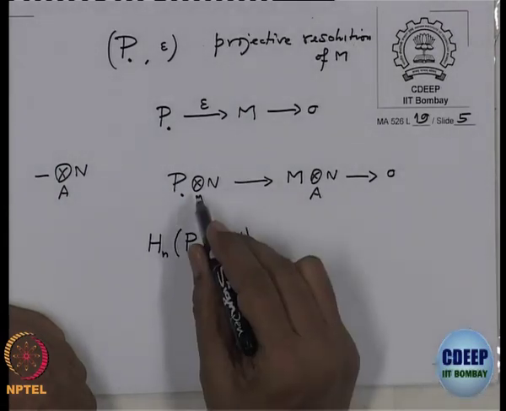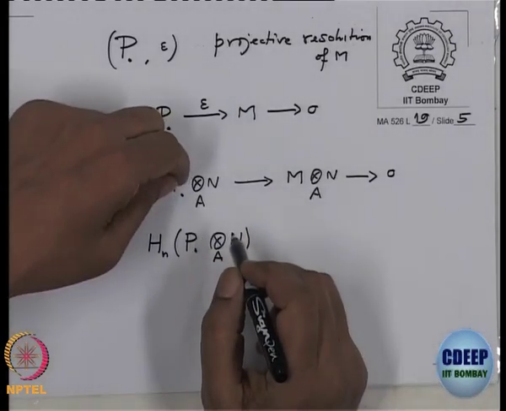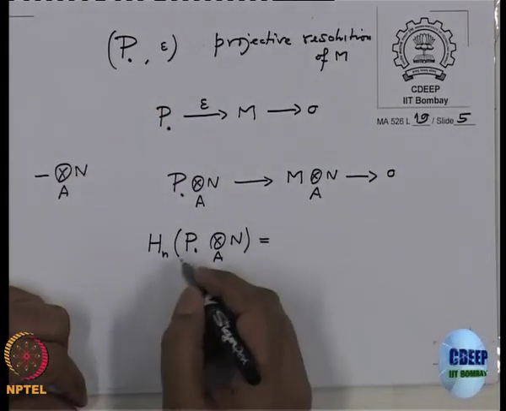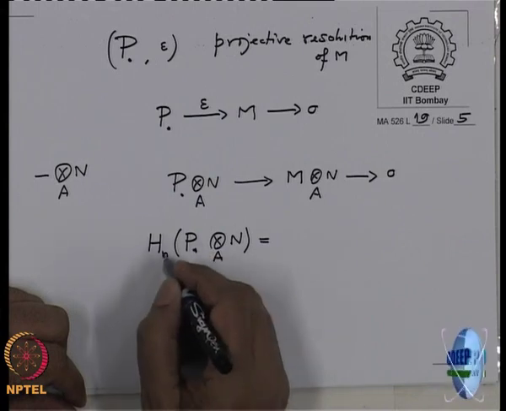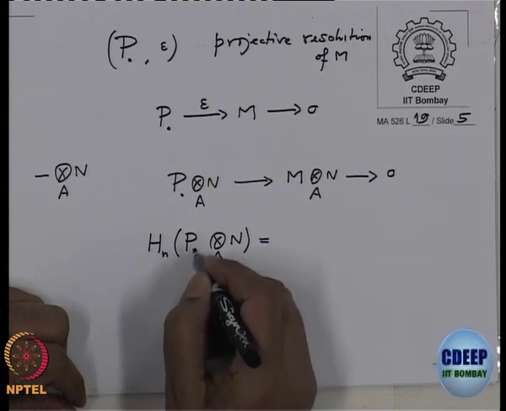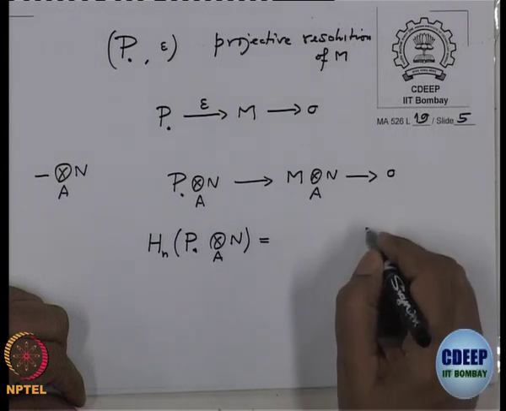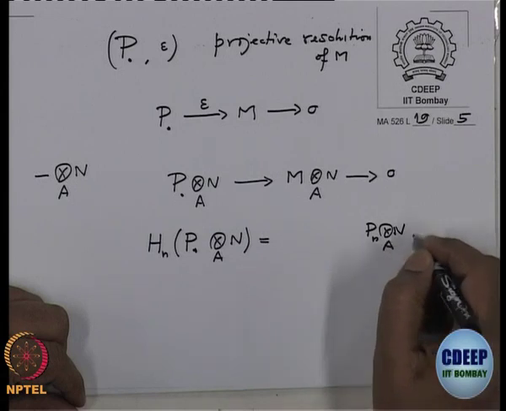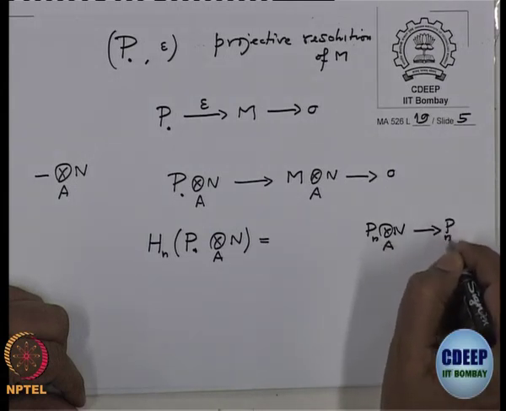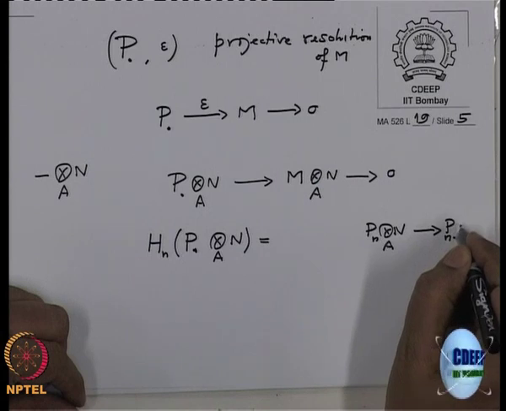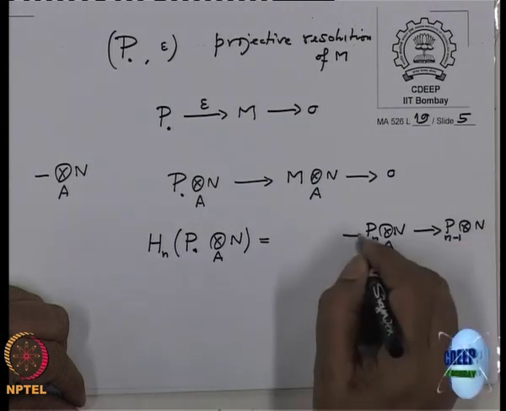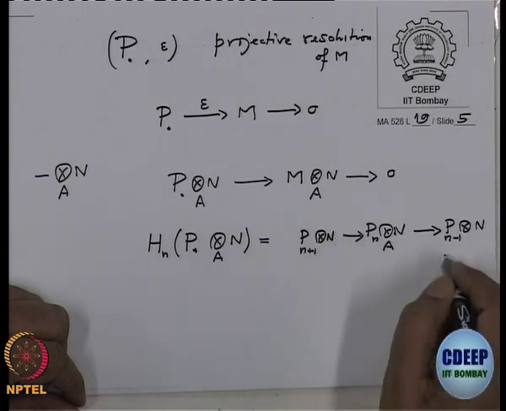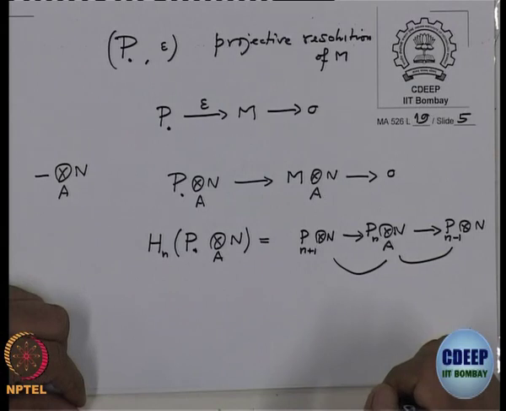How do I calculate this? At each stage you look at kernel mod image. So, at the nth stage, this is at Pn tensor N over A to Pn minus 1 tensor N, and the earlier one is Pn plus 1 tensor N, and we are looking at the kernel here mod image here.